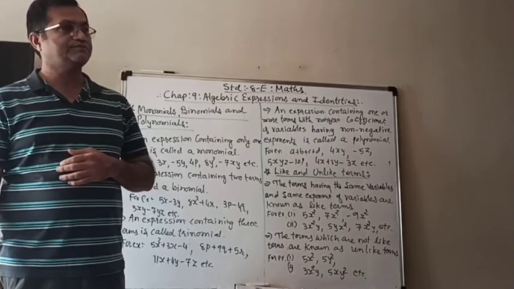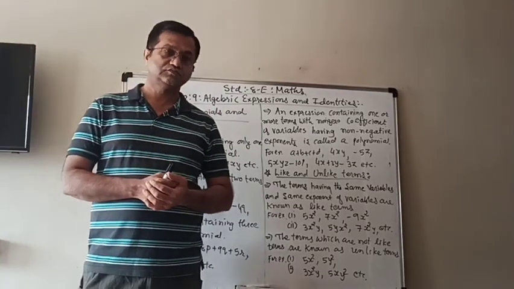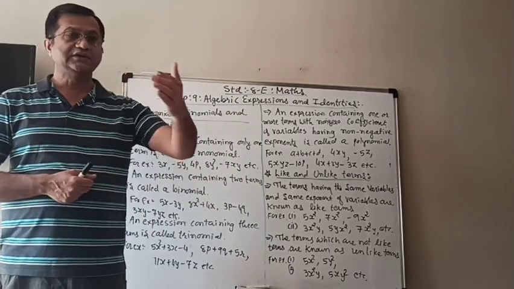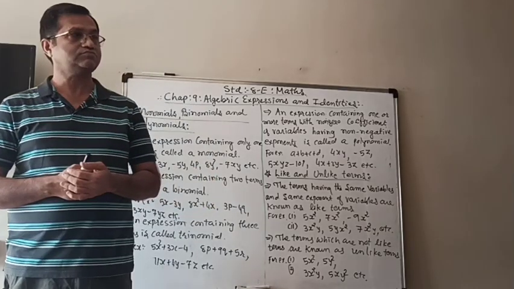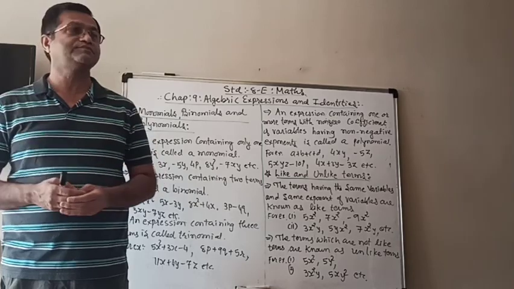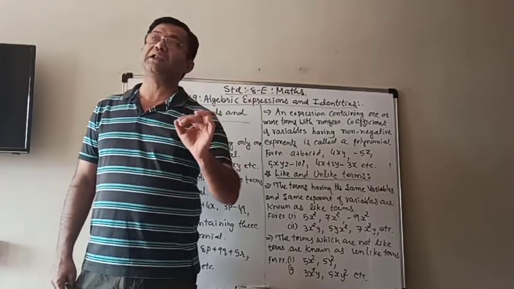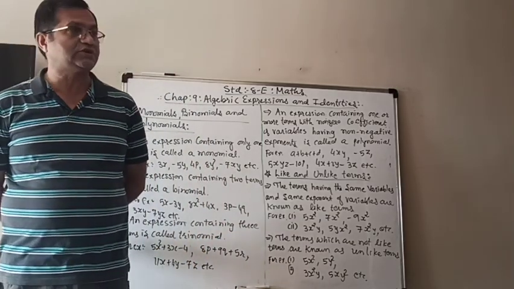We know that when terms are added we get expressions, and a term is a product of its factors. We also learned about the coefficient: in any term, the numerical factor is known as its coefficient.